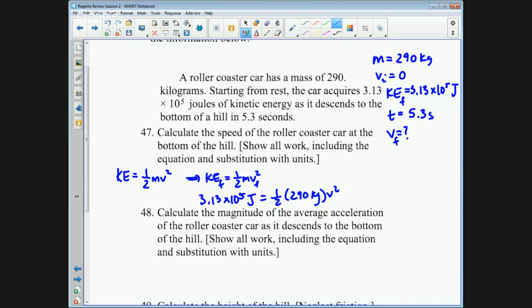I'm going to solve for V, so I have to take the square root.